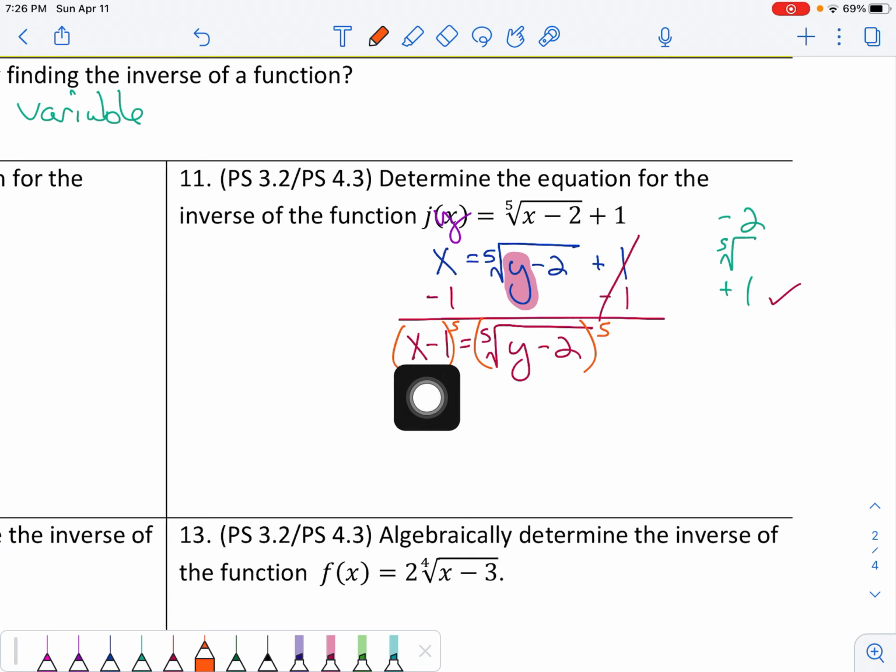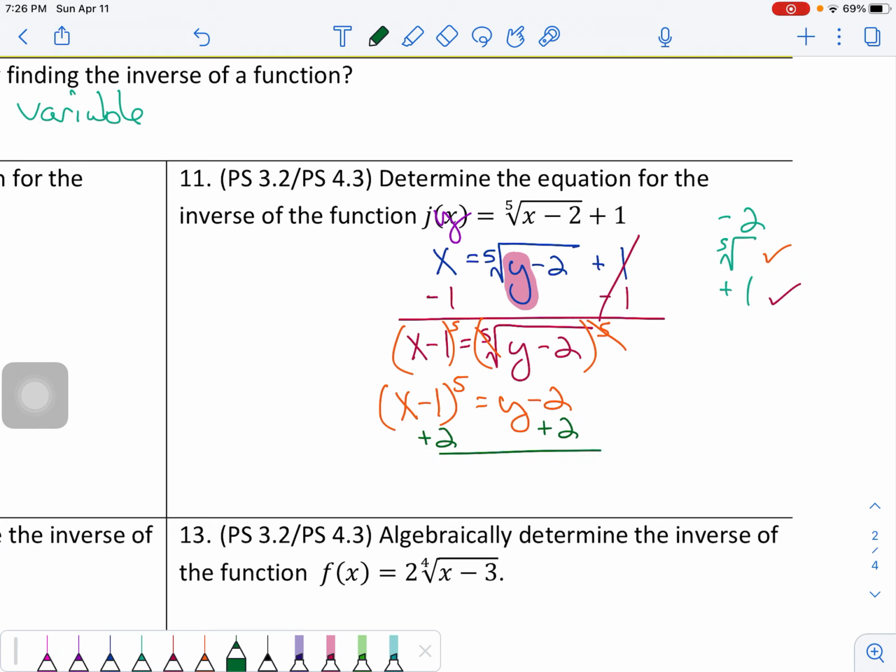Now, on the left side here, x minus 1 to the fifth, do not multiply that out. Just let it be x minus 1 to the fifth. On the right side, fifth power and fifth root cancel. I get y minus 2. Fifth root's done. Last step here is what's still attached to y is a minus 2, so I'm going to add 2 to both sides.